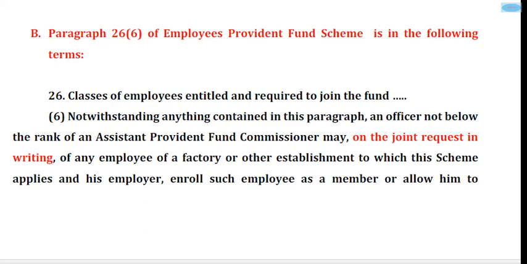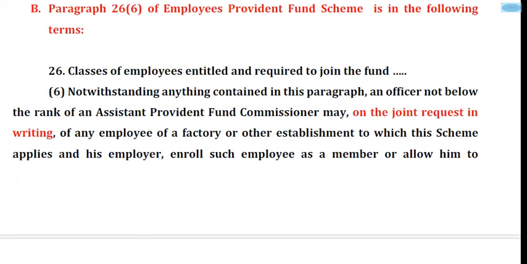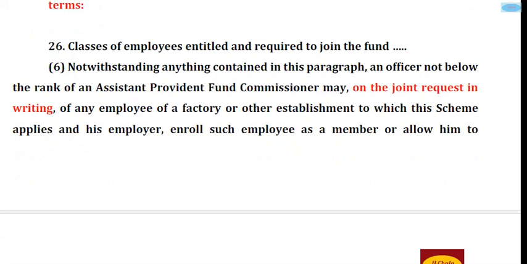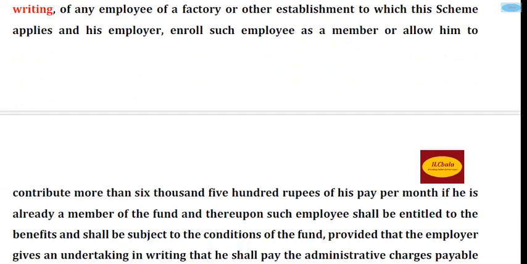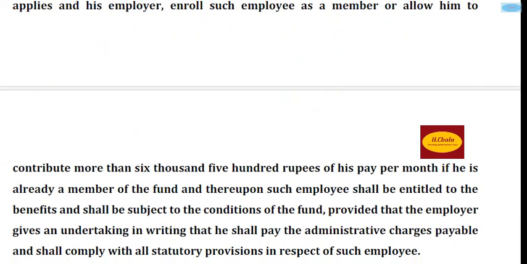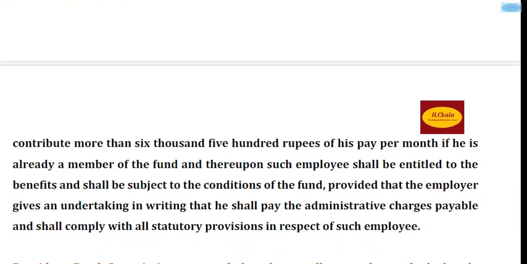Clause 26 subclause 6: notwithstanding anything contained in this paragraph, an officer not below the rank of an Assistant Provident Fund Commissioner may, on the joint request in writing of an employee of a factory or other establishment to which the scheme applies and his employer, enroll such employee as a member or allow him to contribute more than 6,500 rupees of his pay per month if he is already a member of the fund, and thereupon such employee shall be entitled to the benefit and shall, subject to the conditions of the fund, provide that the employer gives an undertaking in writing that he shall pay the administrative charges payable and shall comply with the statutory provisions in respect of such employee.